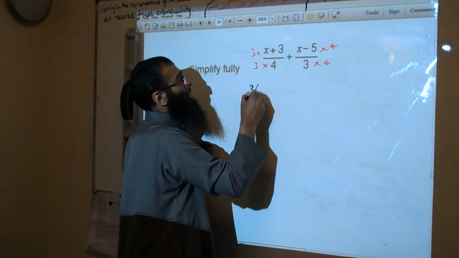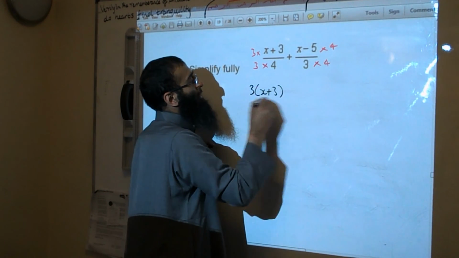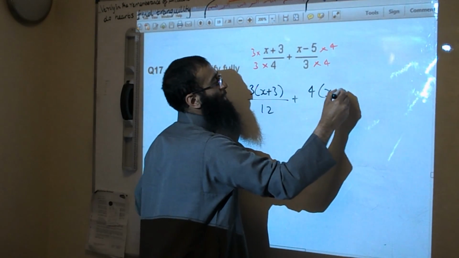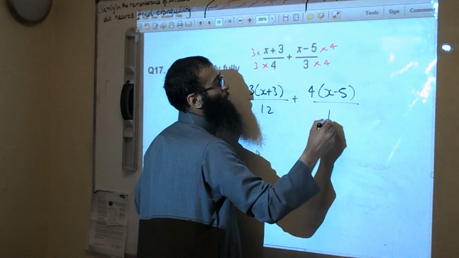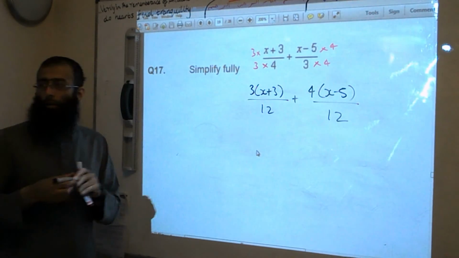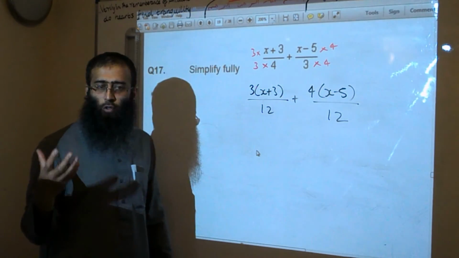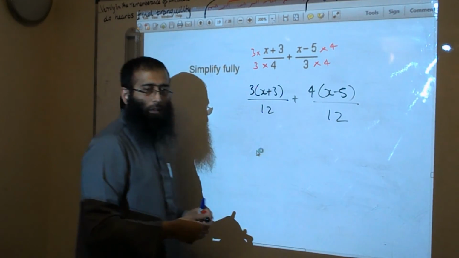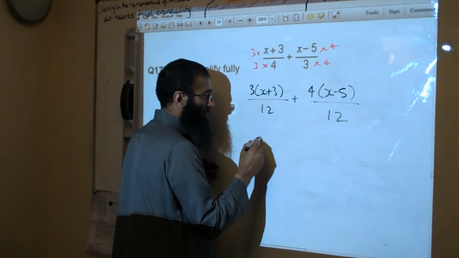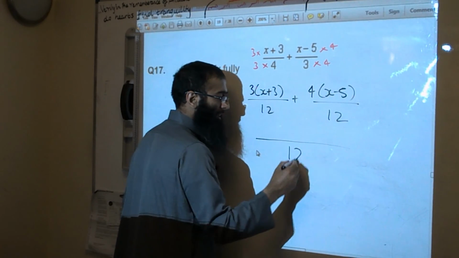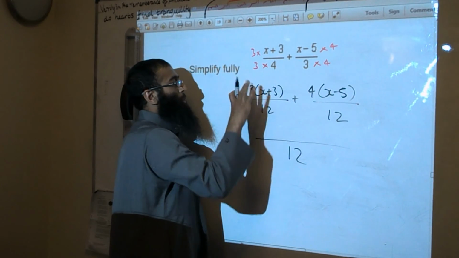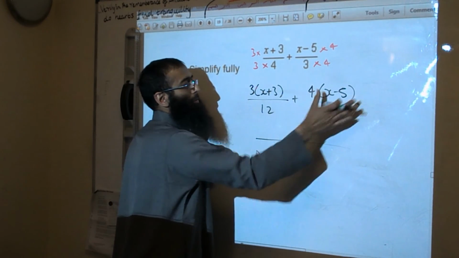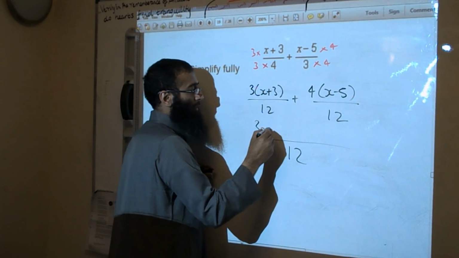So that gives you 3x plus 3 over 12 plus 4 lots of x minus 5 over 12. Now, when we add fractions, we never add the bottom numbers. We need the bottom numbers to be the same. Now, when the bottom numbers are the same, we can put one big line, and the bottom number stays 12. So now we just add the top numbers.